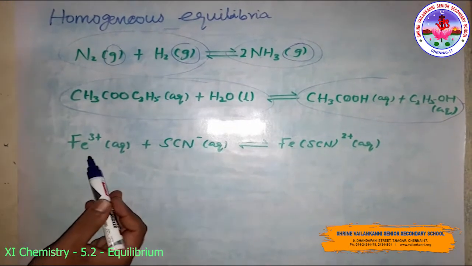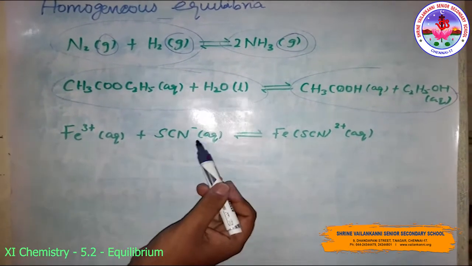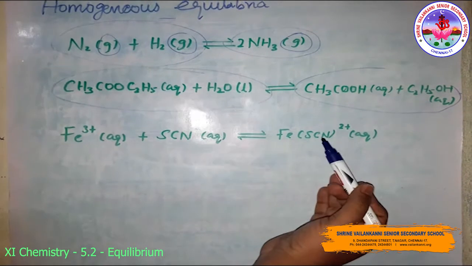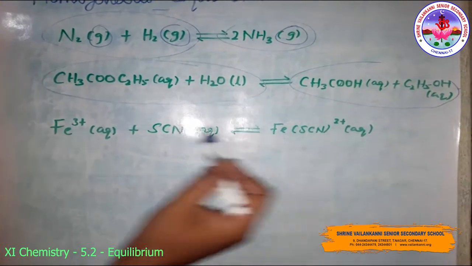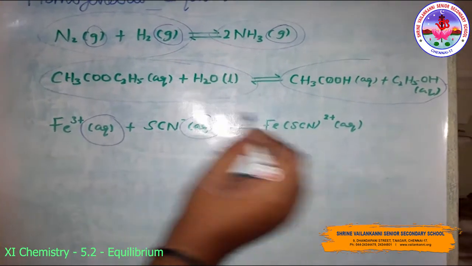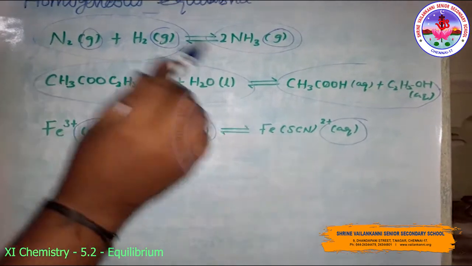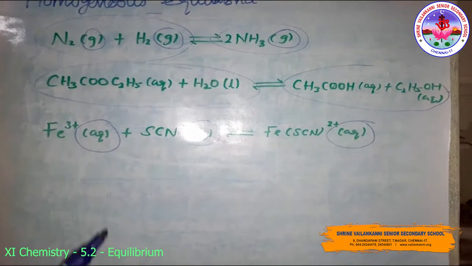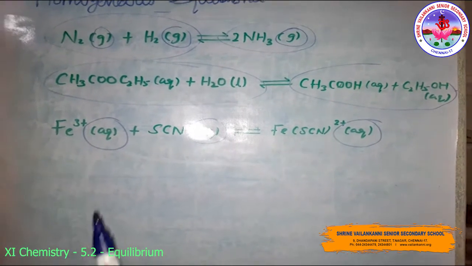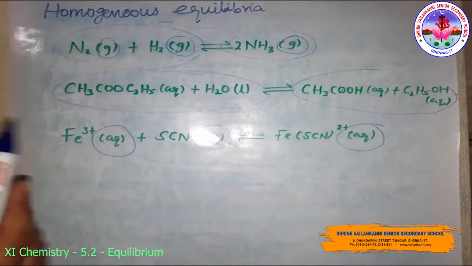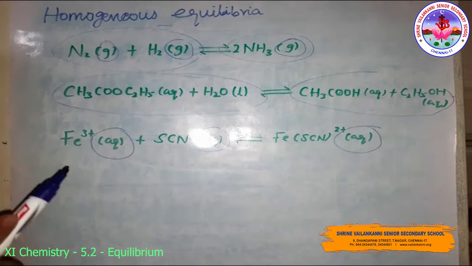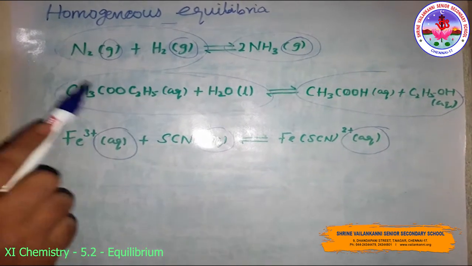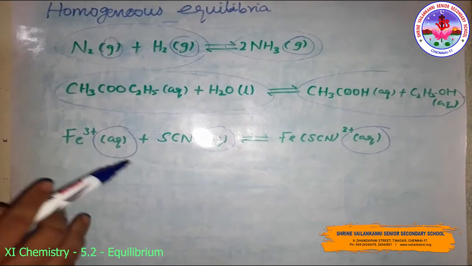Then Fe3+ (aqueous) and SCN- (aqueous) give FeSCN2+ (aqueous). Here also the phases are the same. This type of reaction is called a homogeneous equilibrium reaction, where all the reactants and products are in the homogeneous solution phase.